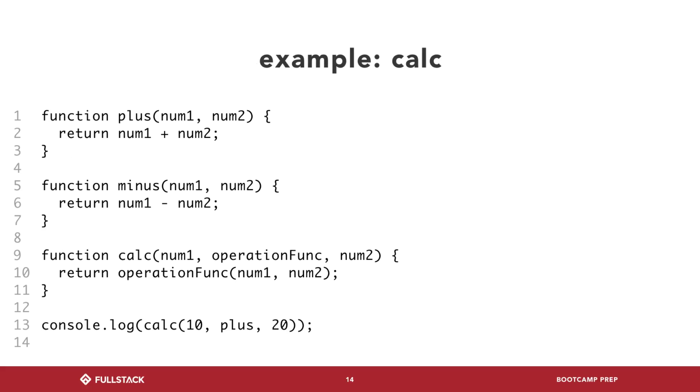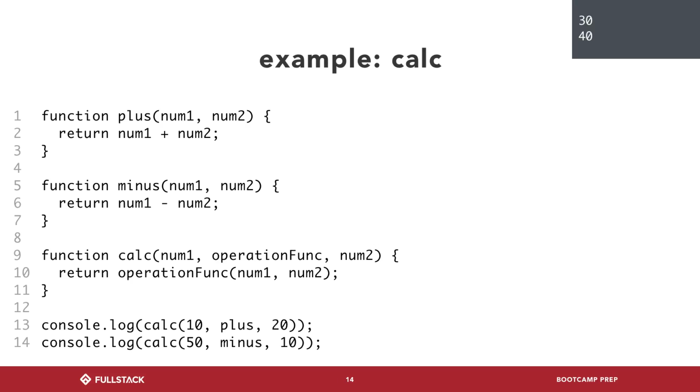So this one, I won't go through in as much detail, but on lines 13 and 14 is when we're running the code. We're both running calc. Calc takes in a number, an operation, and a second number, and it calls that operation and passes in the first and third arguments. We're just calling operation func, and we're passing in num1 and num2. Once again, notice these returns.